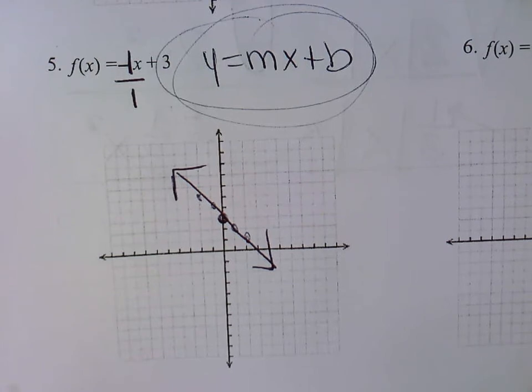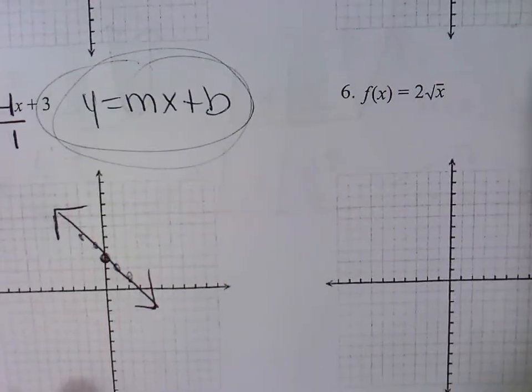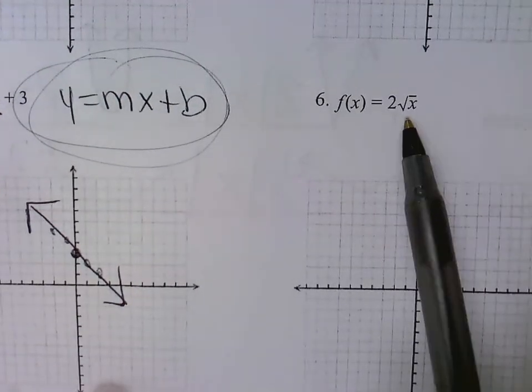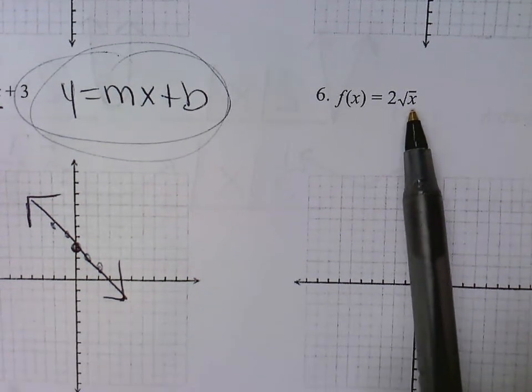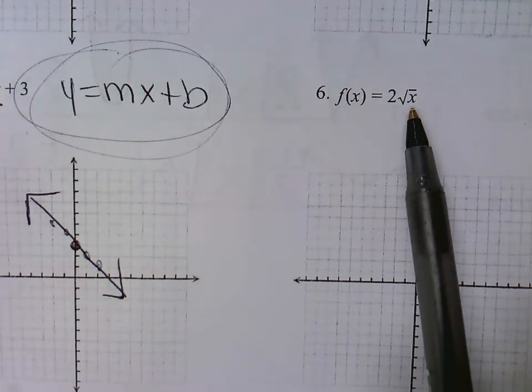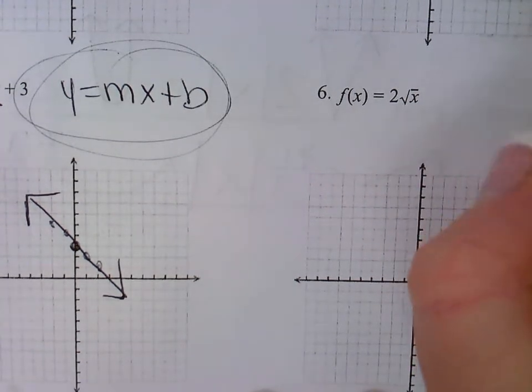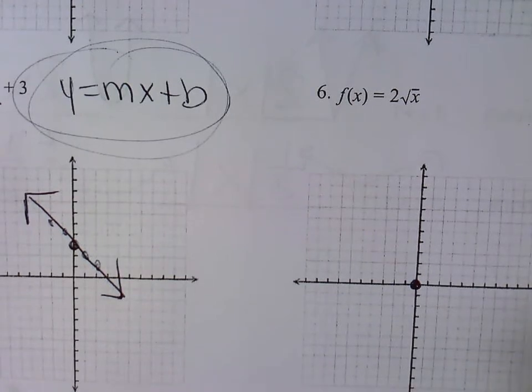All right, and then the last one that I want to do with you, because square root was kind of new yesterday. So let's do the parent square root function. So think of your perfect squares. Our first perfect square was at 0, because the square root of 0 was 0. I actually don't know if that counts as a perfect square, but our next perfect square is 1, because the square root of 1 is 1. So 1 comma 1.